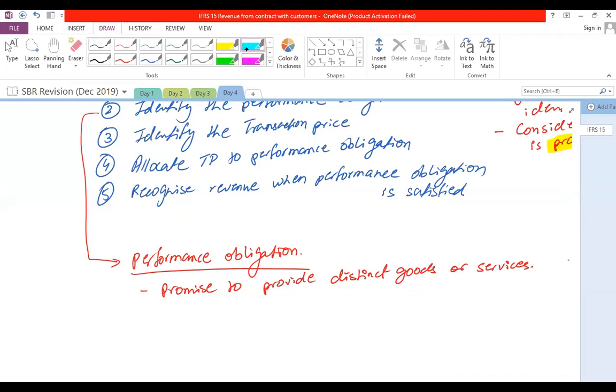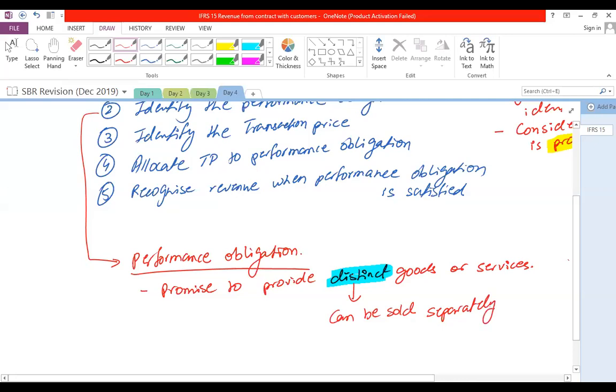Now the word distinct is very important. What does the word distinct actually mean? Distinct means products or services which can be sold separately.